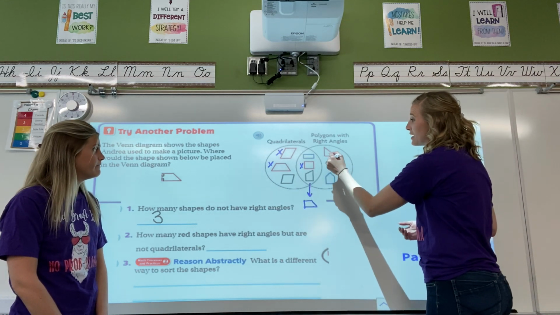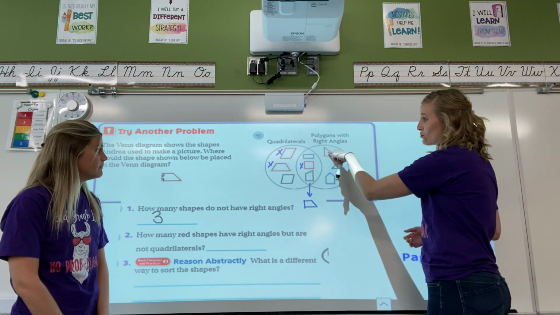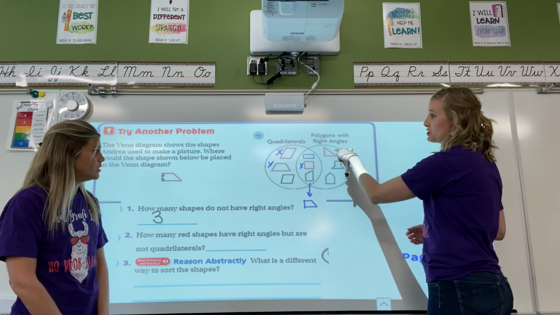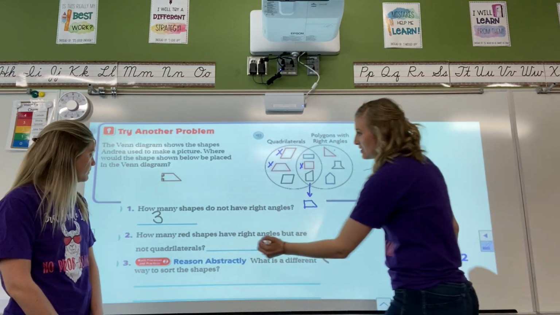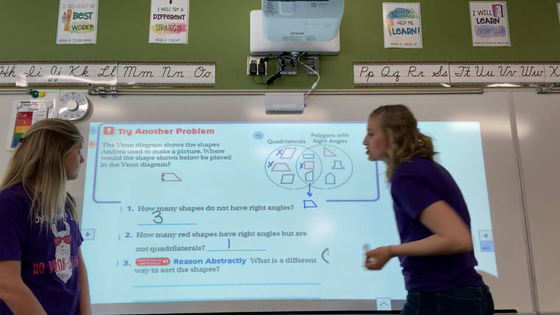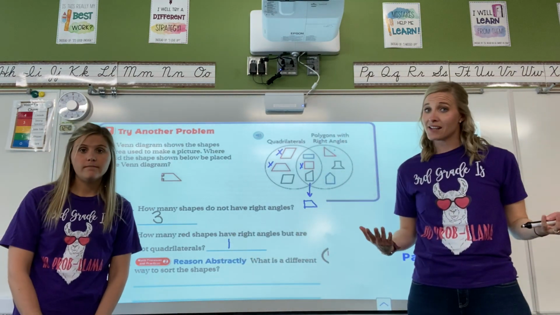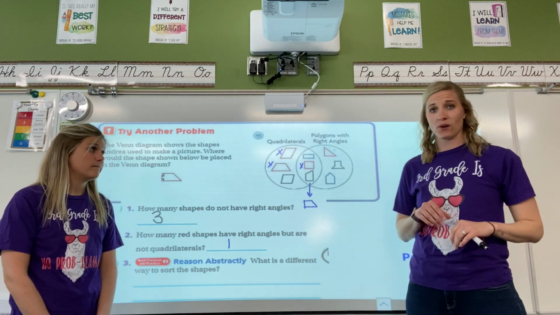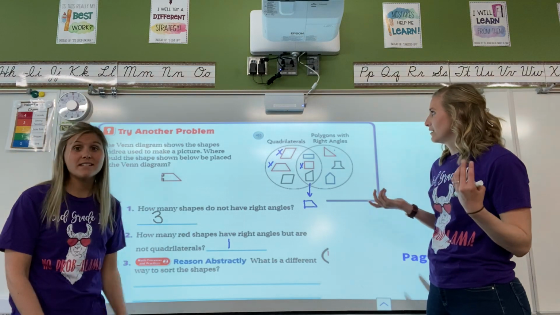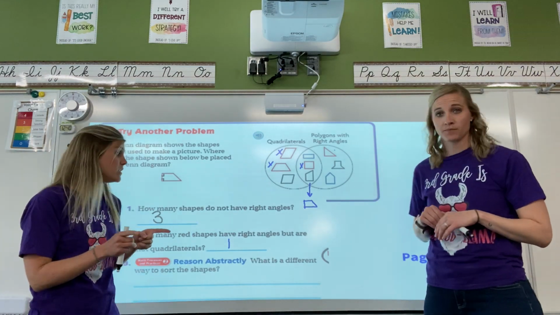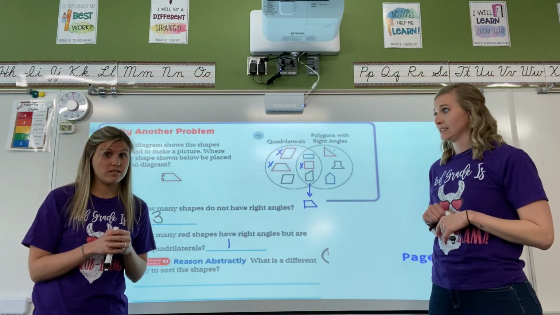So it leaves me with 1 to look at. I see a right angle, and how many sides? 1, 2, 3. It's a triangle with a right angle. So there is only 1 shape that's red that qualifies under that category. That was a tricky one because you had to look for just the red shapes and then a lot of steps on that one. So make sure when you're doing this that you're really reading the directions.